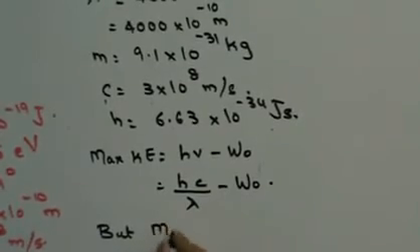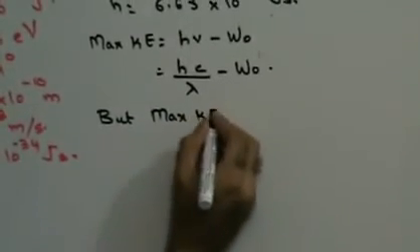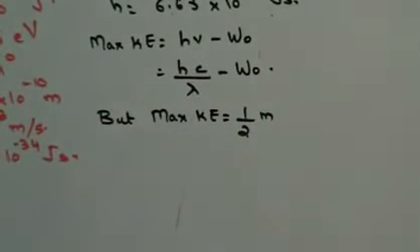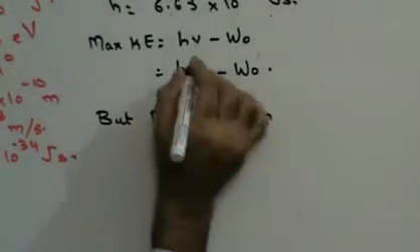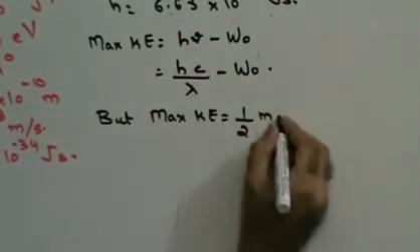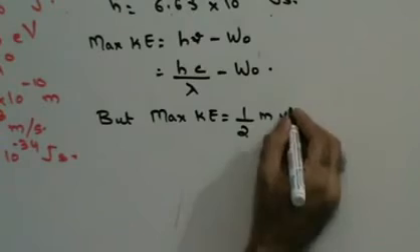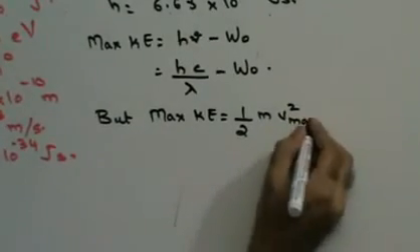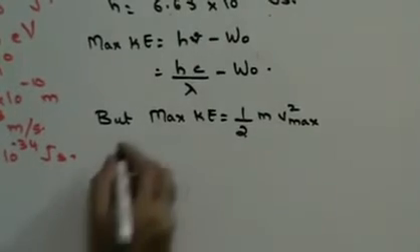But maximum kinetic energy is given by the formula half mv square. We will take this as velocity, velocity square. Since kinetic energy is maximum, velocity will also be maximum.